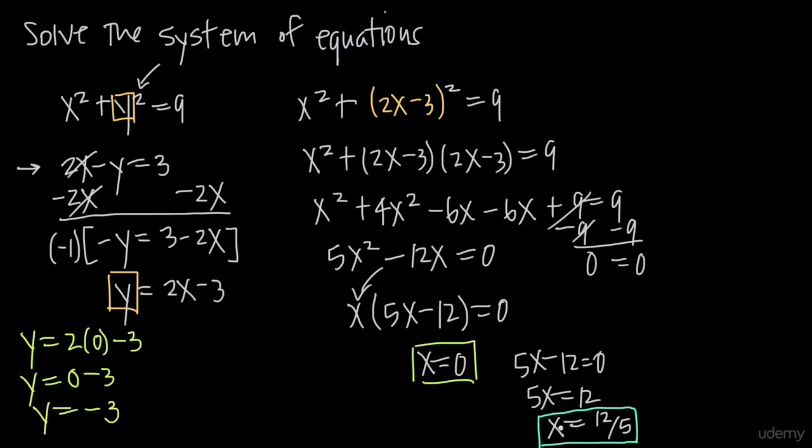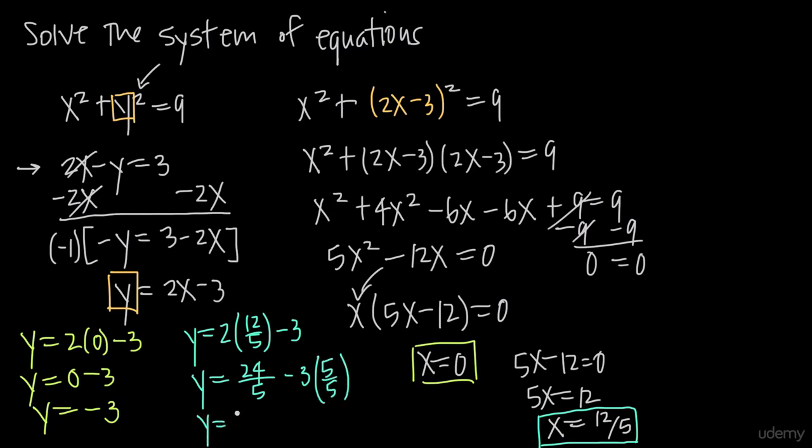If I plug in x equals 12 fifths, I'm going to get y is equal to 2 times 12 over 5 minus 3. Distributing the 2, I'm going to get y is equal to 24 over 5 minus 3. If I find a common denominator, I have to multiply this 3 by 5 over 5. So I'm going to get y is equal to 24 over 5 minus 15 over 5, which is going to be y is equal to 9 over 5.